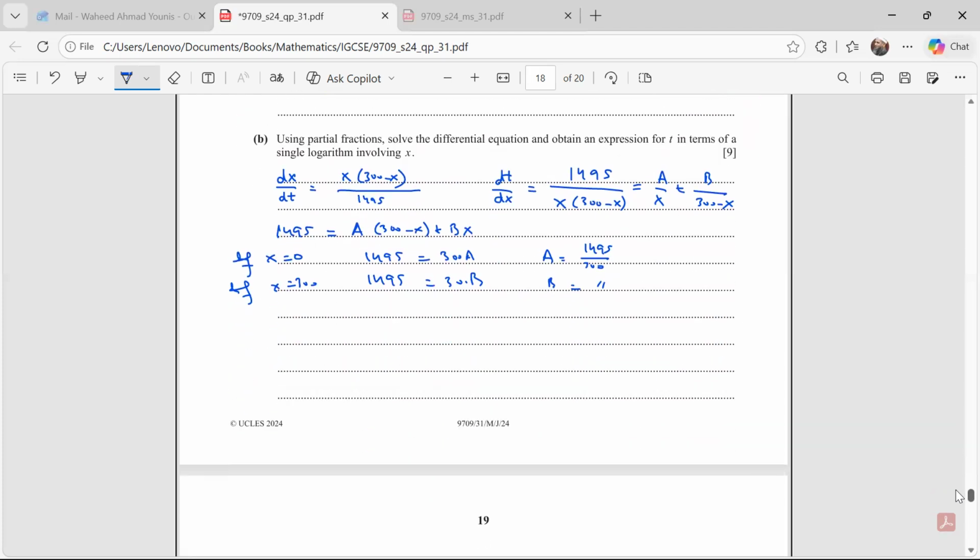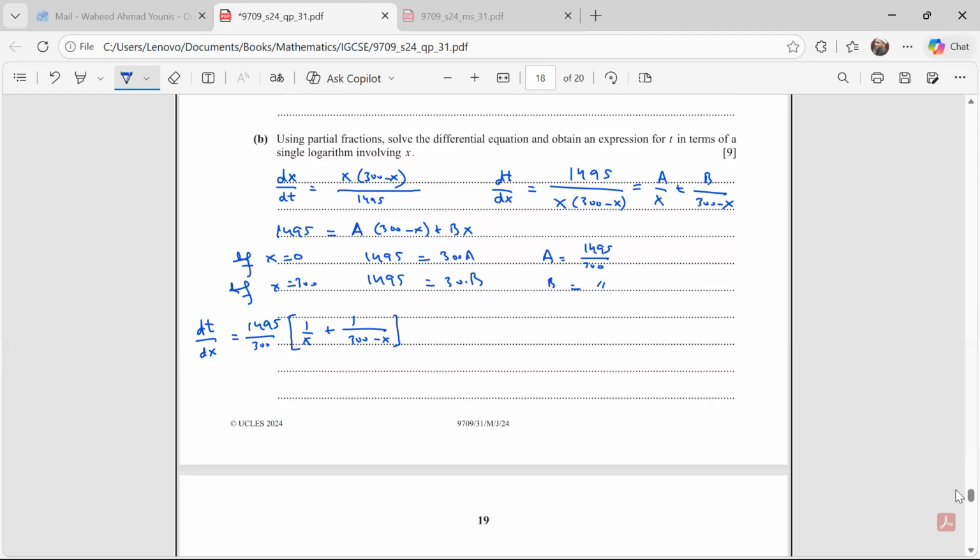So from here, I will write this expression again: dt by dx is equal to A over x plus B over 300 minus x. Since A and B are constants and are the same, I can take them outside, so it is 1495 over 300 into 1 over x plus 1 over 300 minus x.